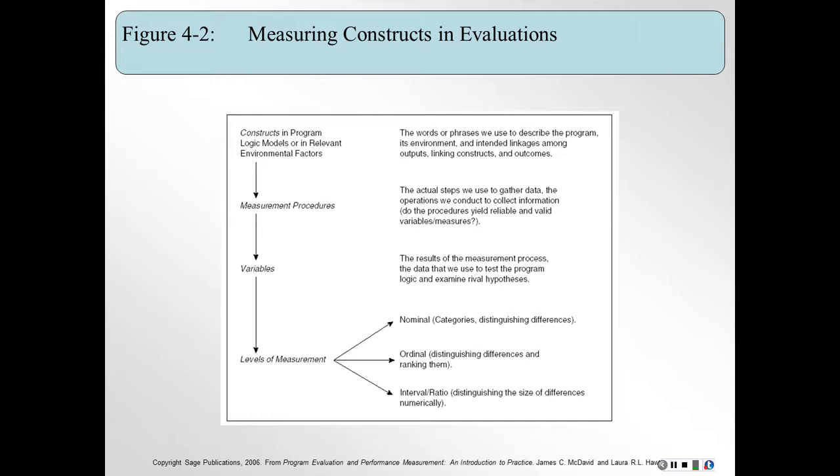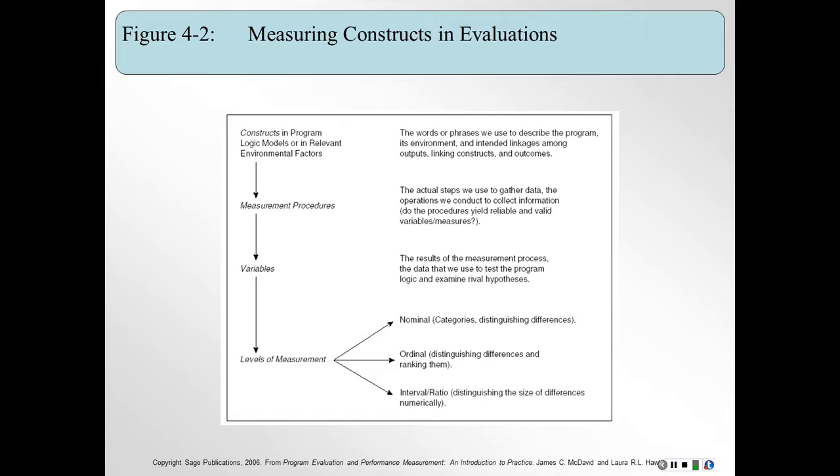Figure 4-2 illustrates the place of measurement procedures in the relationship between constructs and variables. It is imperative to remember there are multiple ways to measure any given construct. And in fact, measuring a given construct in multiple ways as part of a single overarching evaluation project is almost always a good idea.